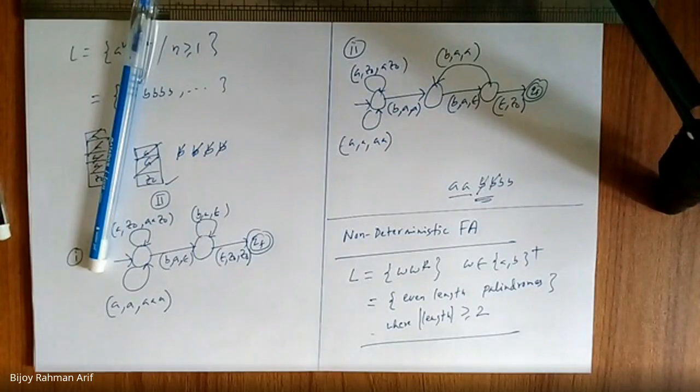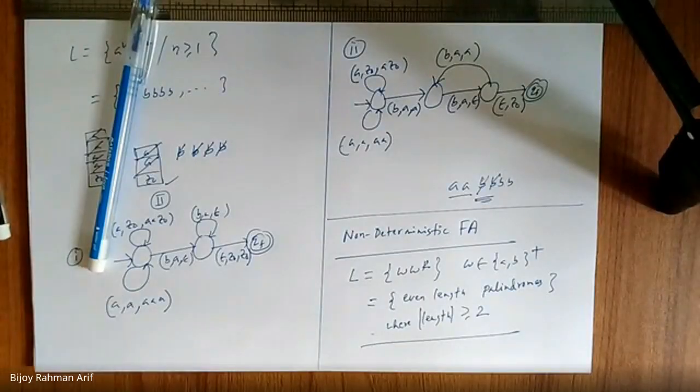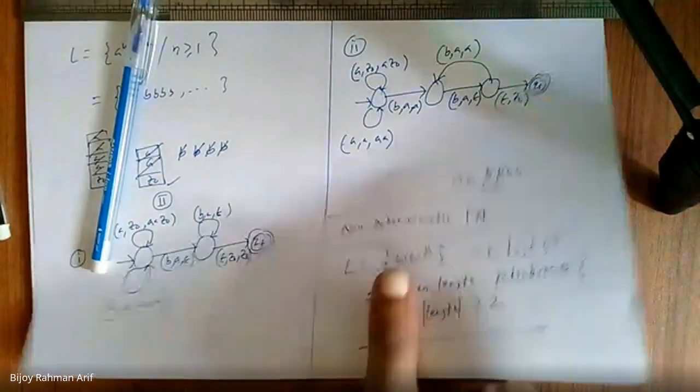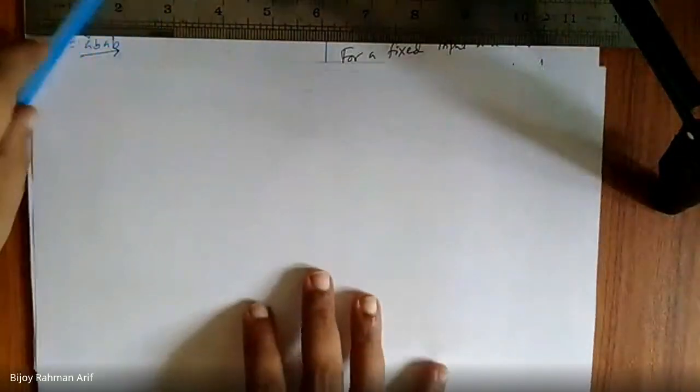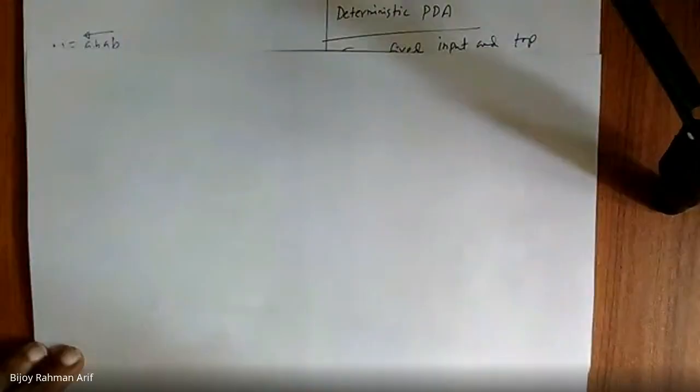How come non-determinism plays the game? So we'll have two options, maybe. What are the options actually? So the problem is here.